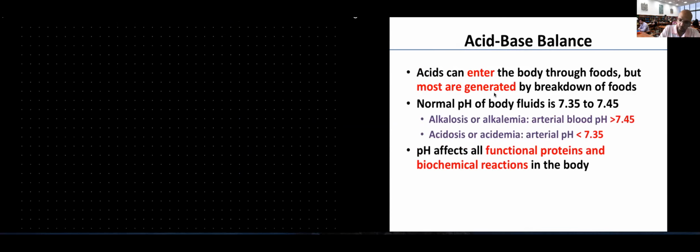If you remember, in order to check the degree of acidity or alkalinity of a substance, we check its pH. What is pH? This is the negative log of the hydrogen concentration or the proton concentration in a substance.